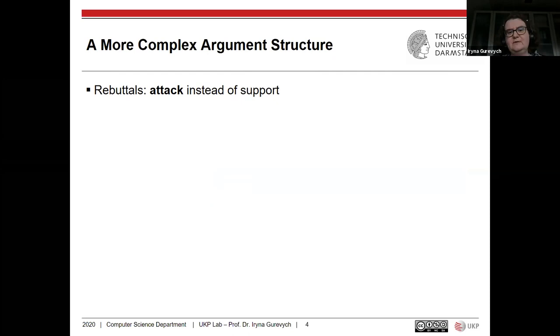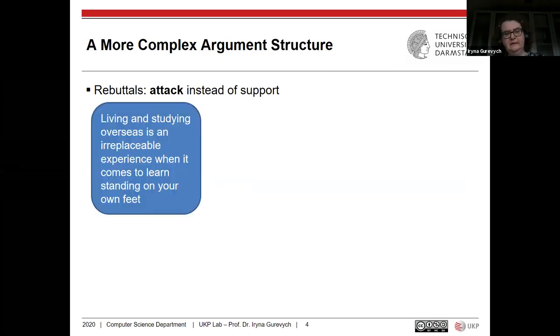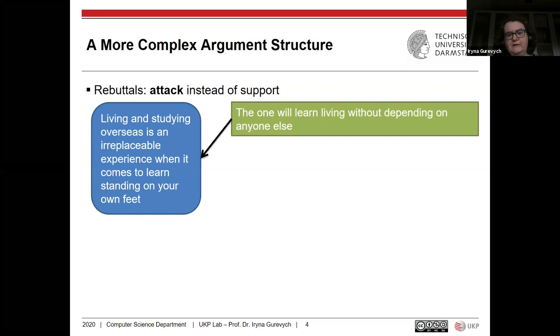Of course, in reality, the argumentation structures are more complex. For example, we have rebuttals like the attack relation instead of support. In this example, living and studying overseas is an irreplaceable experience when it comes to learning to stand on your own feet. We have several premises. The first one, one will learn living without depending on anybody else, is supporting the claim.